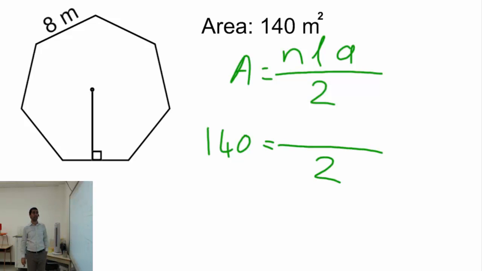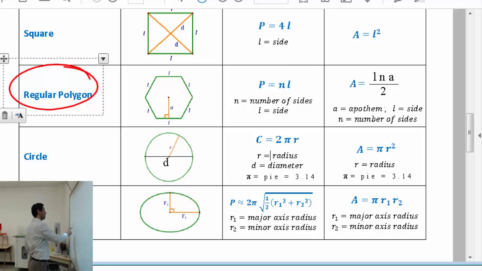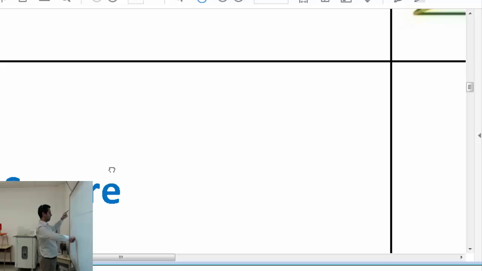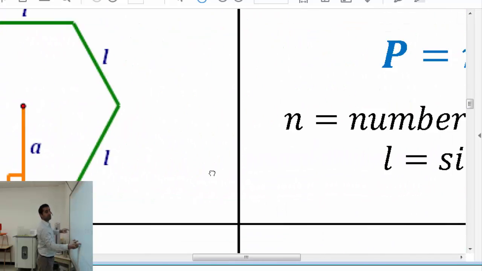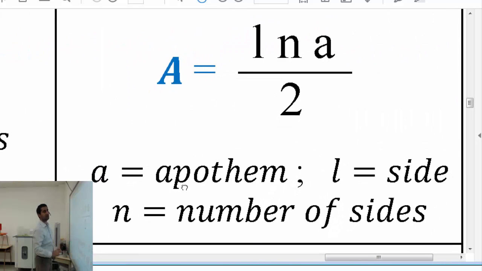How about N? Let's look at the formula handout, and I'm gonna make this part a little bit bigger for you to see. Regular polygon. Alright, so that's the perimeter. This is the area formula. What is L?